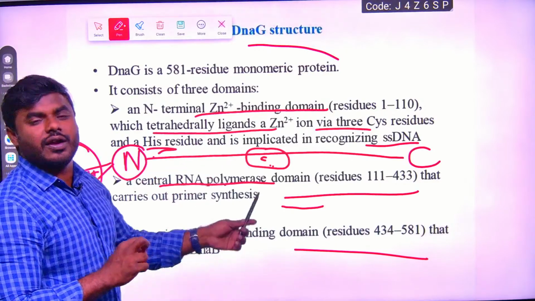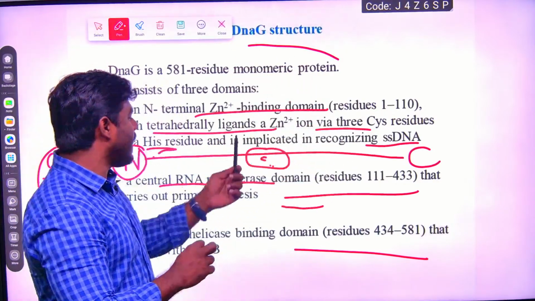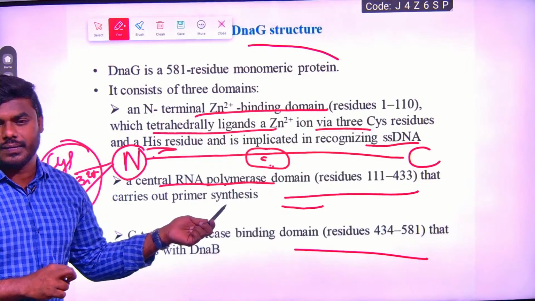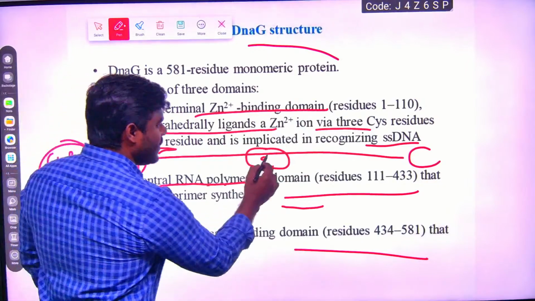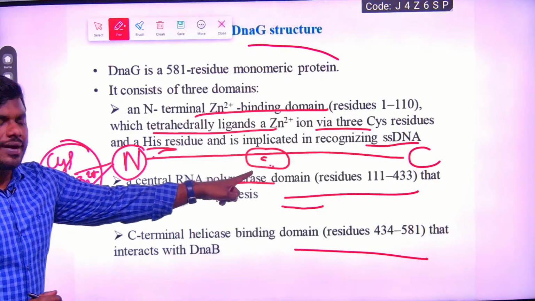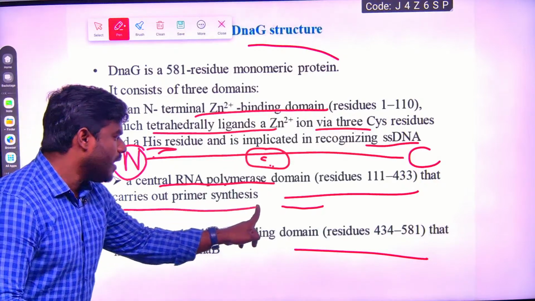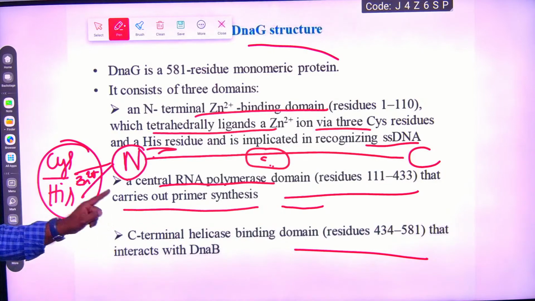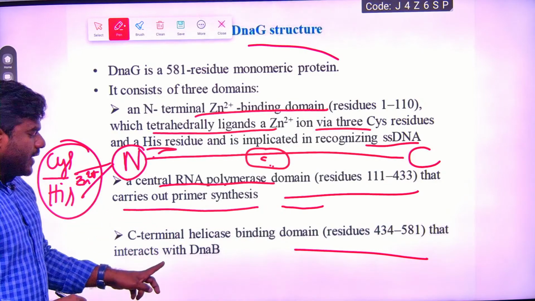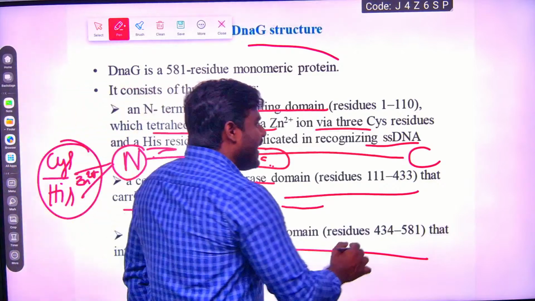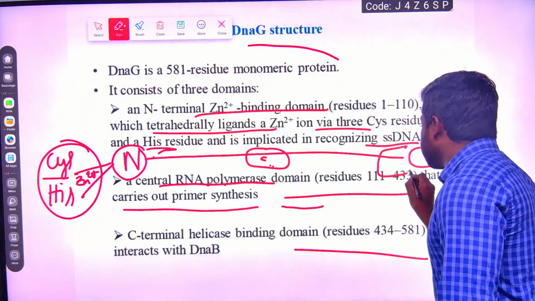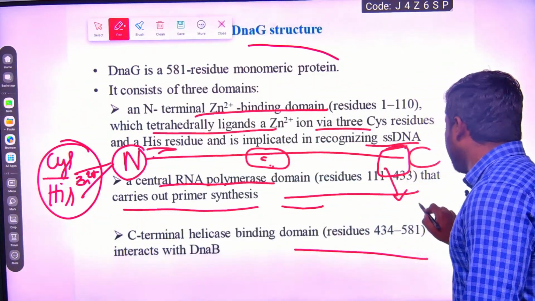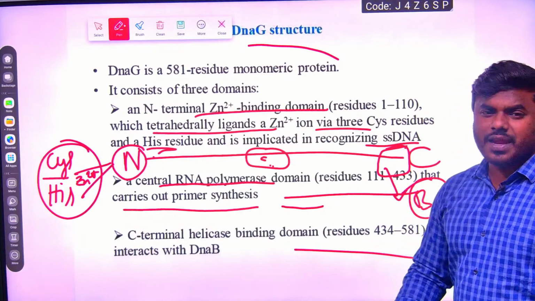Which of the following domains of DnaG has polymerase activity? That's an important statement. It is the central domain, the one which carries out the primer synthesis. Now, quickly recall, the C domain is always associated with DnaB. What is DnaB?